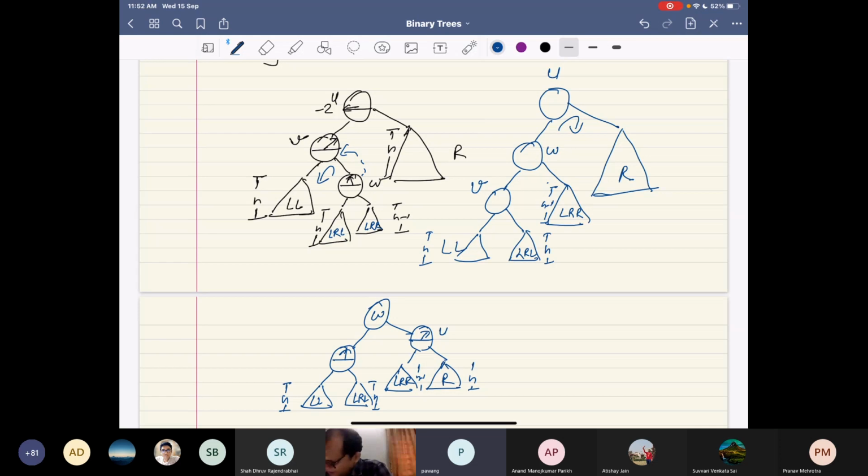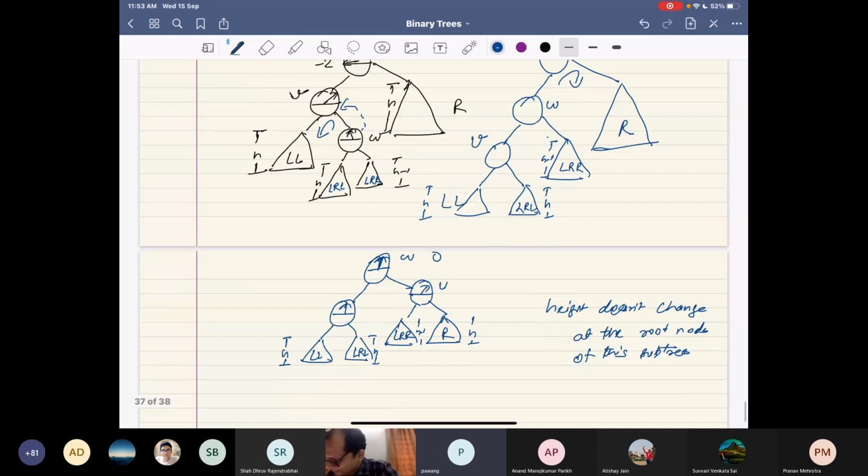This height is h+1. Are we getting W with a balance factor of 0? Yes, sir. This gets a balance factor of 0. And the overall height remains h+2 here. That was the same as earlier. So height does not change at the root node of the subtree. So I don't have to go up.